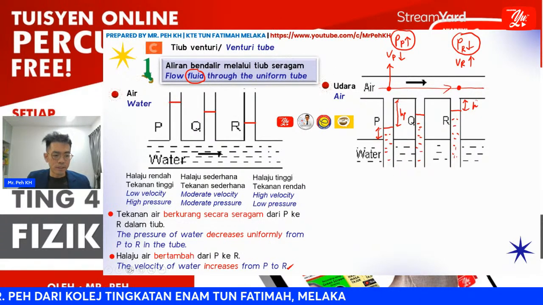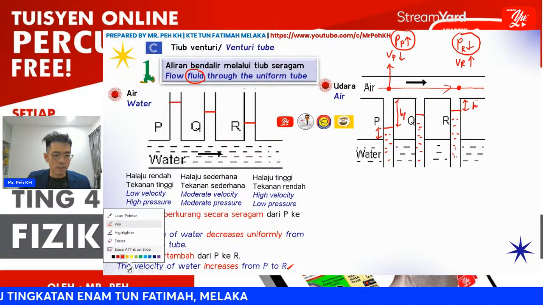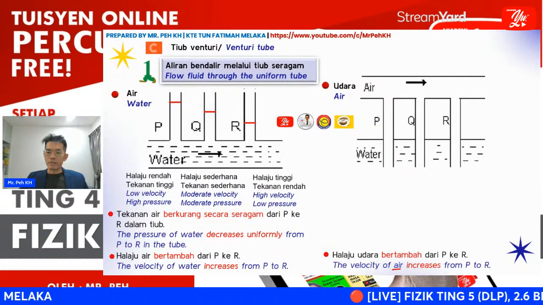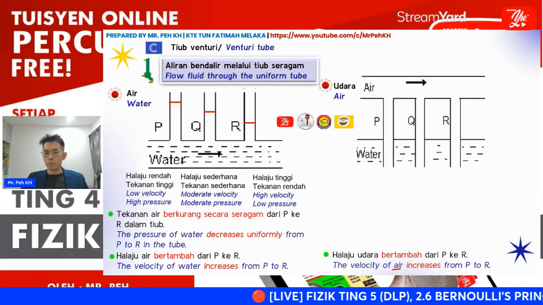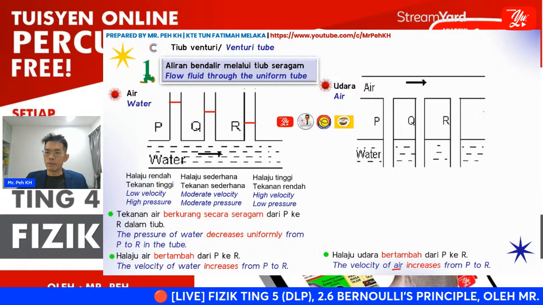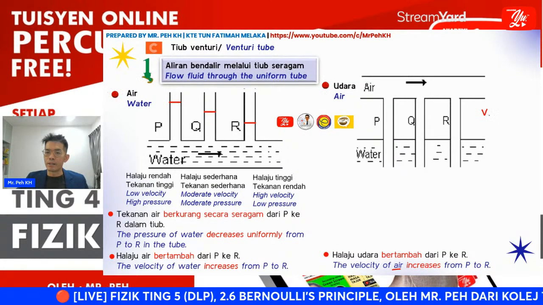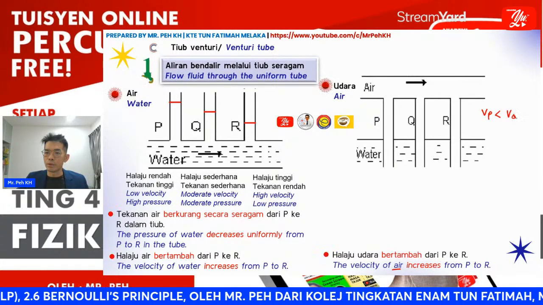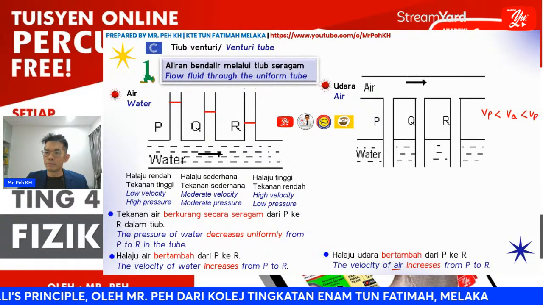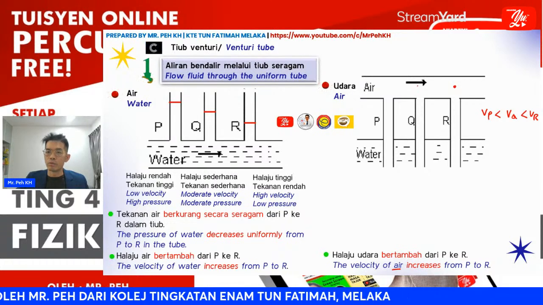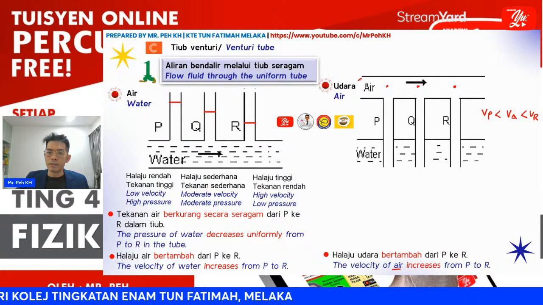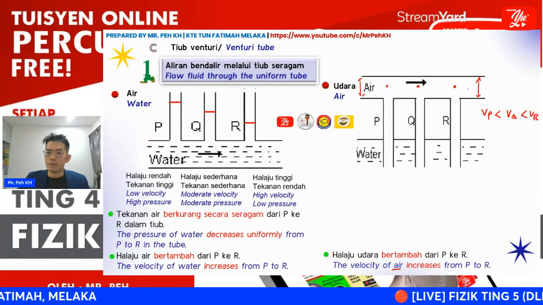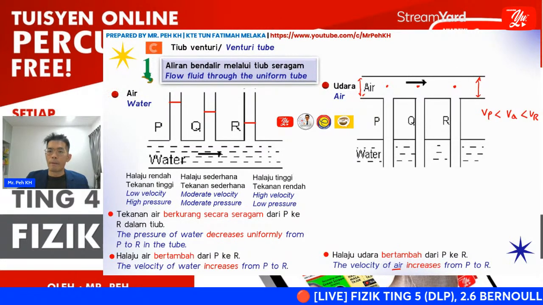Okay, so let us see the detailed discussion. Here the velocity of air will increase from P to R. Just like I mentioned to you already, the air pressure at P will be the highest compared to Q and compared to R. Here again we refer to the horizontal tube.